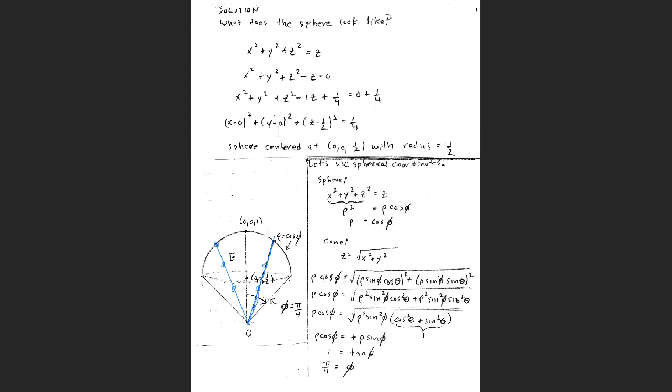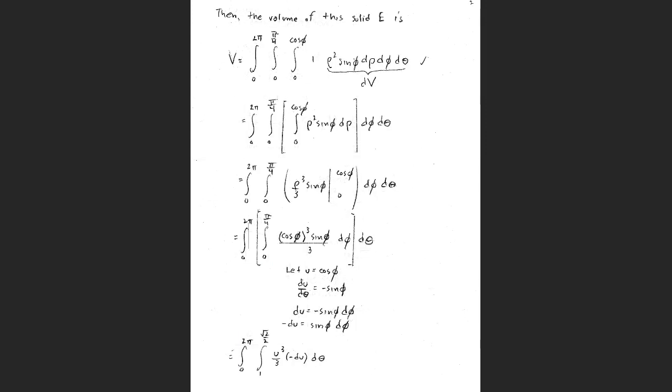So therefore, if we go to the next page, the limits on rho are going to go from rho equals 0 to rho equals cosine phi. Those are going to be the limits.